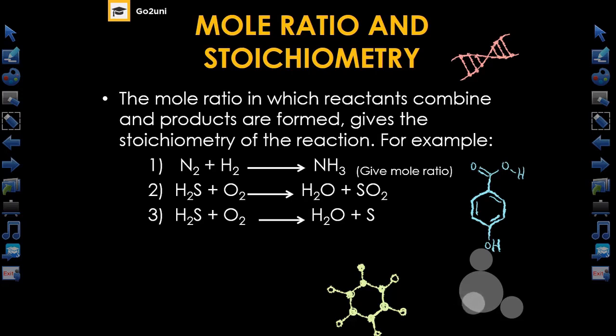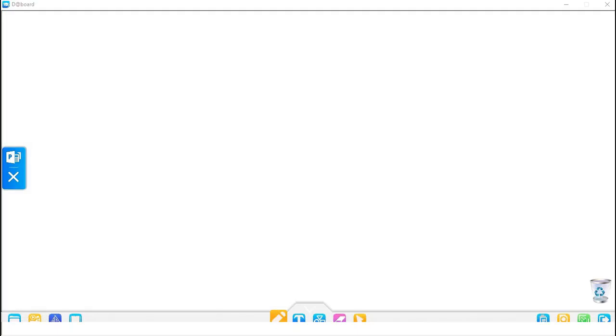Take a look at the equation displayed on the screen. We have nitrogen reacting with hydrogen to give us ammonia. It is clear that the equation is not balanced. So how do we balance such equations? We are going to learn balancing of equations as we proceed in this lesson.